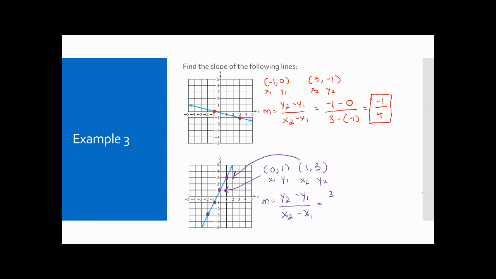So y2 is 3 and y1 is 1. x2 is 1, x1 is 0. So I do my subtraction. 3 minus 1 is 2. 1 minus 0 is 1. So you can see, just like I said, we're going up 2 and then over 1.